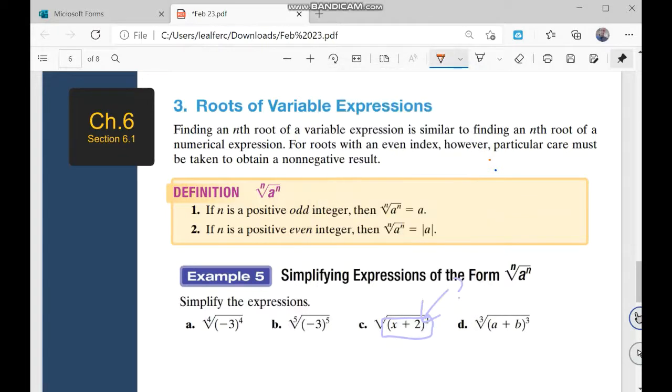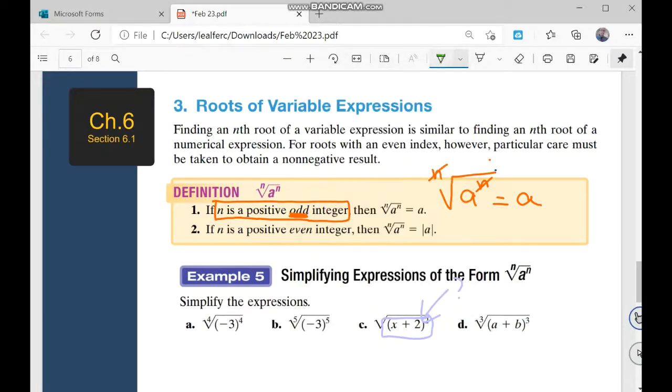If n is a positive odd integer, you're just going to cancel out, nth root of a to the n, cancel out n, and the answer is a. As long as n is a positive odd.